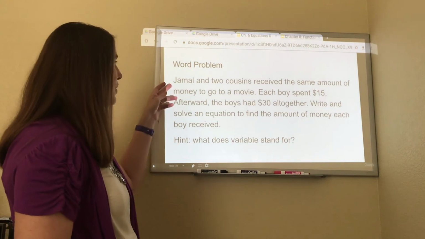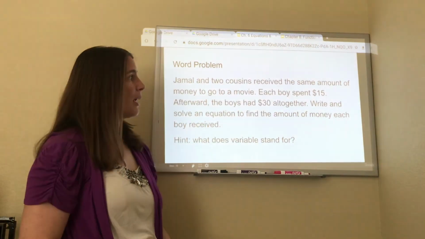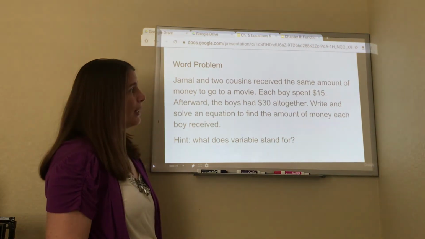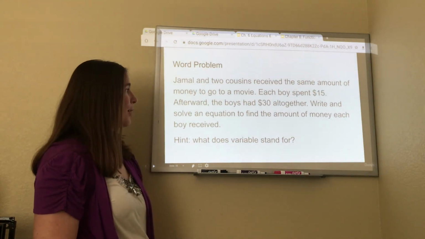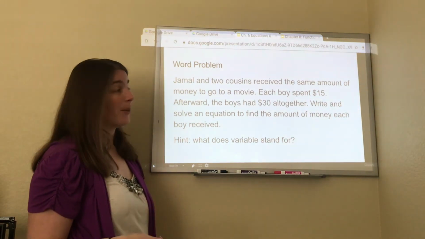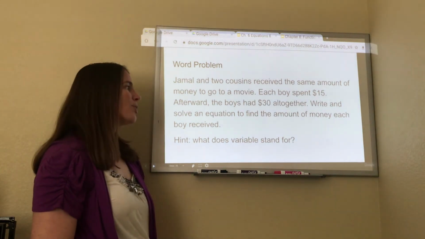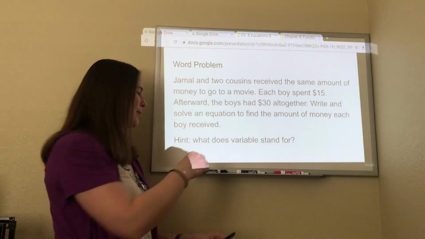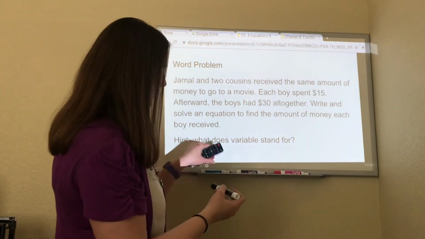So Jamal and two cousins received the same amount of money to go to a movie. Each boy spent $15. Afterwards, the boys had $30 altogether. Write and solve an equation to find the amount of money each boy received. So what is the variable going to stand for?